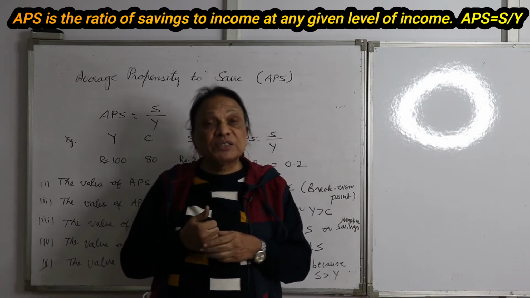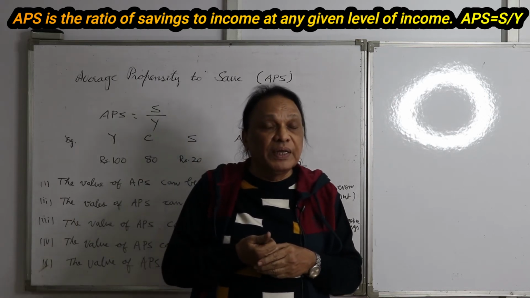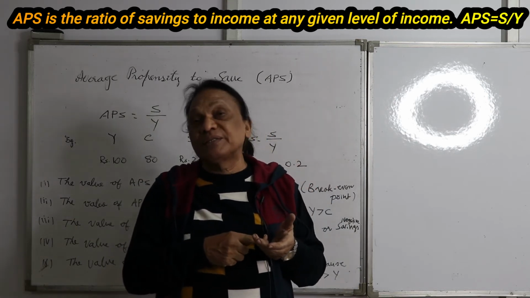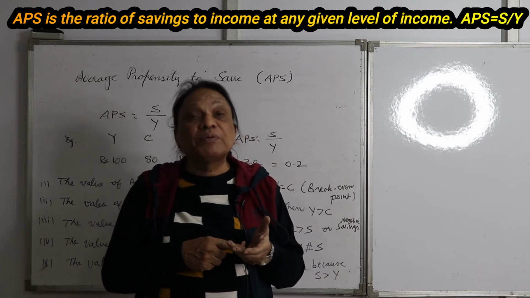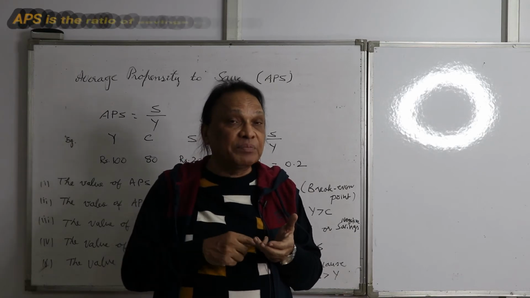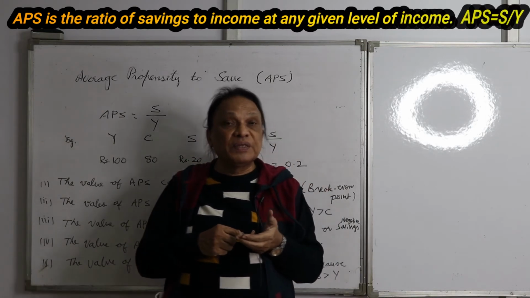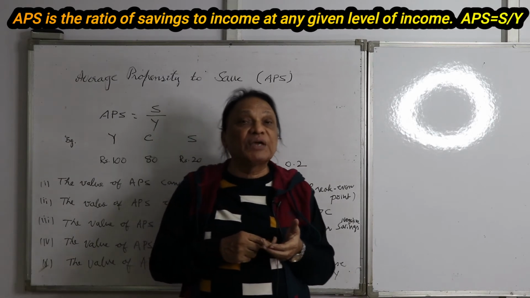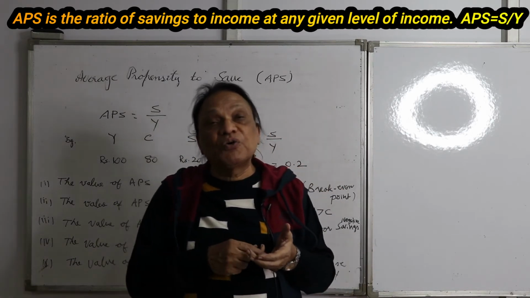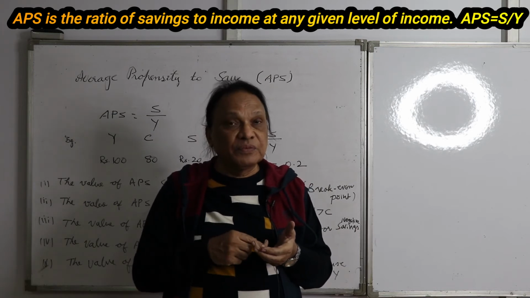Let's see some concepts about APS, average propensity to save. The value of APS can be 0. When APS is 0, income is equivalent to consumption, so savings are 0, 0 upon 100.